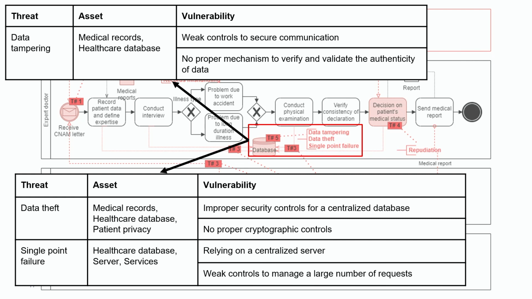The attacker breaches security and performs unauthorized actions that negate the integrity of medical records and healthcare databases. Currently, the application has no security or cryptographic controls to protect the database from data theft attacks. Overall, the security threat negates the confidentiality of medical records, healthcare databases, and patient's privacy.